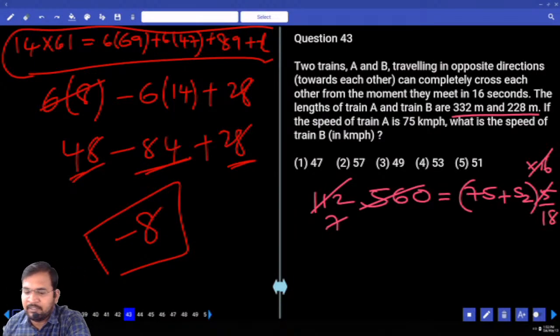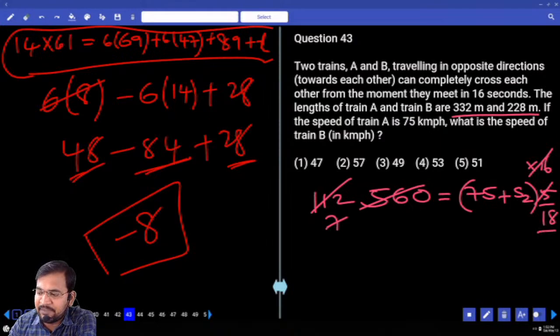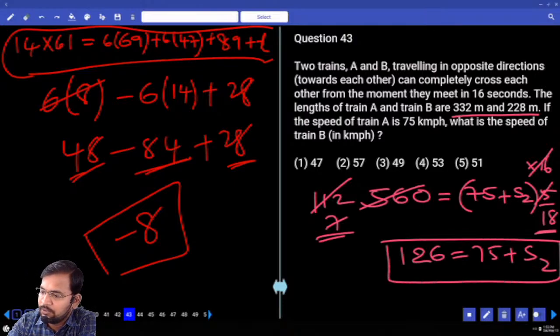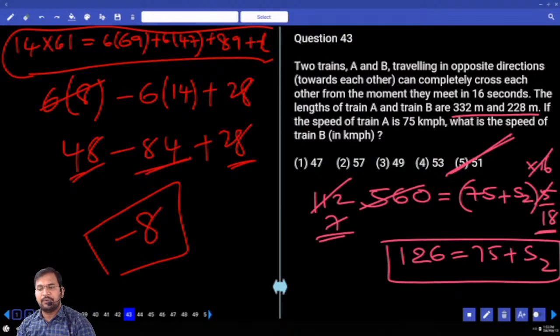So 18 into 7 is 126. 75 plus S2 is equal to 126. Then S2 is equal to 51.